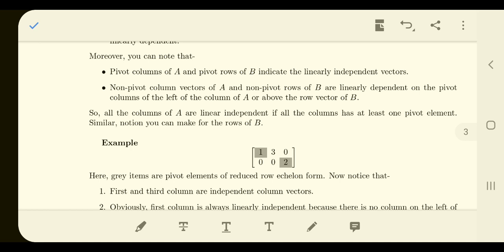So those rows which finally become zero, the original vectors corresponding to them were linearly dependent, and the rows which are non-zero, their corresponding original vectors are linearly independent.